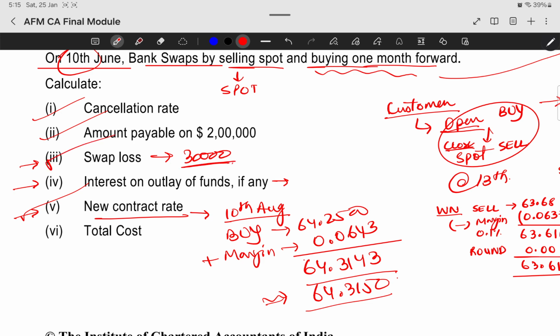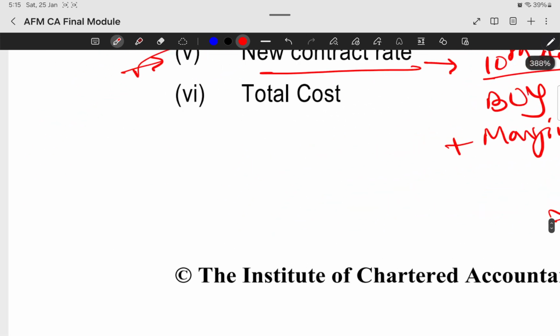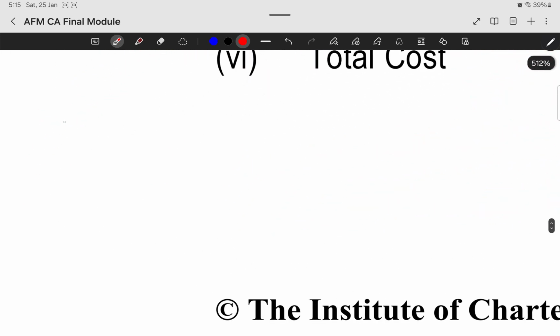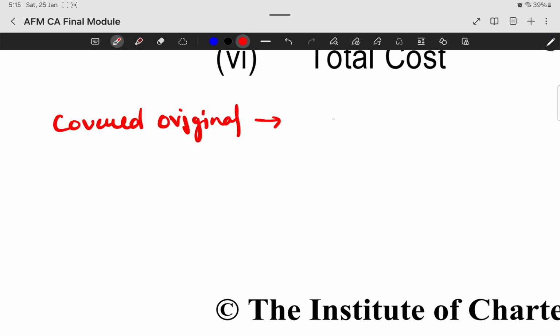That's again done. Now, interest on outlay of funds. What do you mean by interest on outlay of funds? Look here. You had an open position which you covered originally. The original position was, if I'm not wrong, 64.28 rupee per dollar.